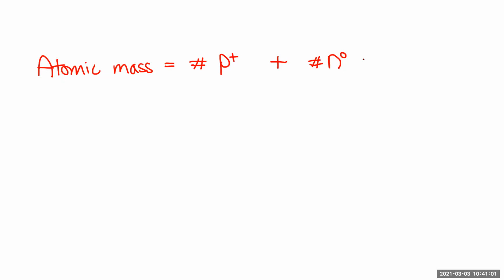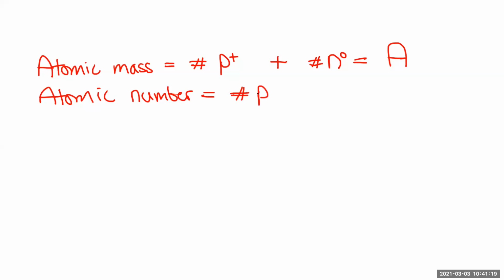And we can symbolize this with the letter A. Capital letter A is utilized here for atomic mass. We could also return briefly to atomic number and compare this. Atomic number is equal to simply the number of protons, remember from the previous slide. And the symbol for atomic number is often a capital letter Z.